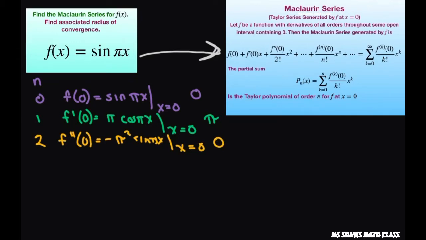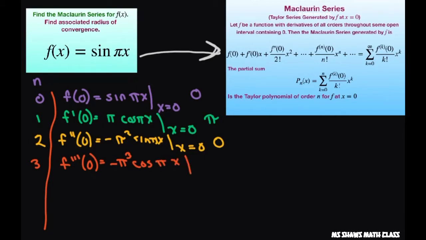For n equals 3, we have f triple prime of 0. That's going to equal negative pi cubed cosine pi of x. If you evaluate that at x equals 0, you're going to get negative pi cubed.